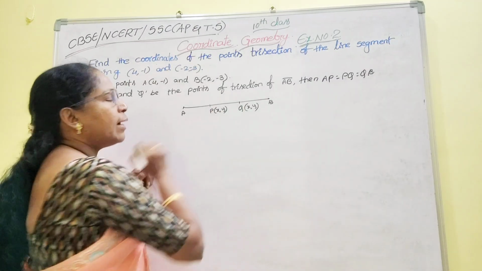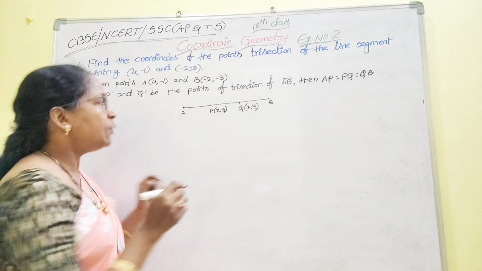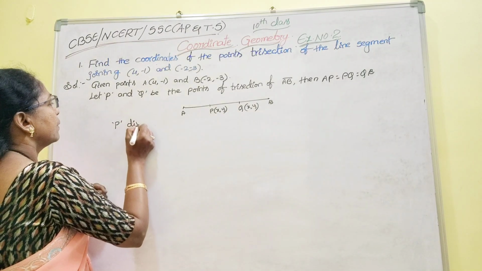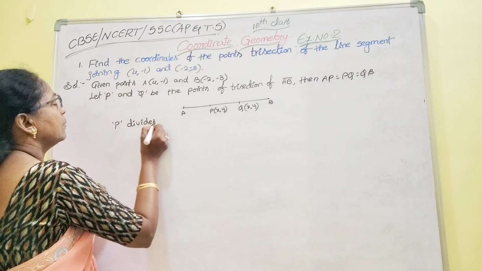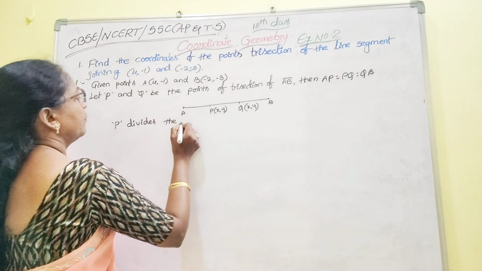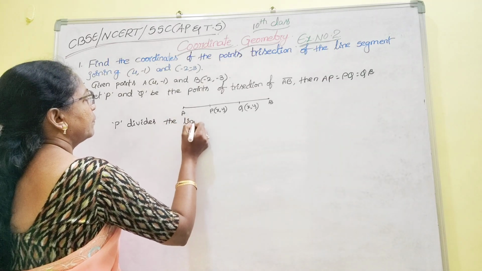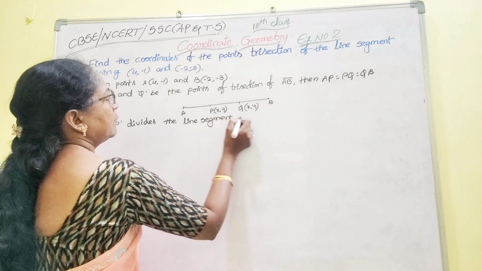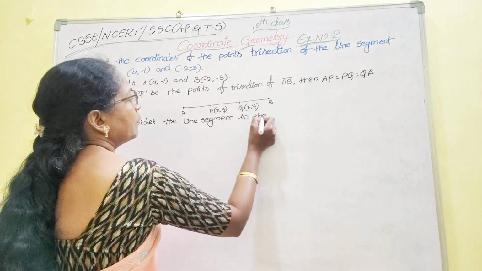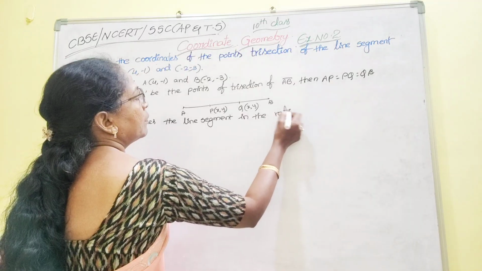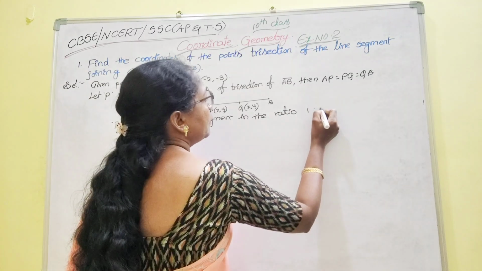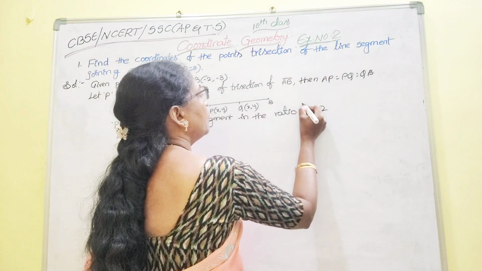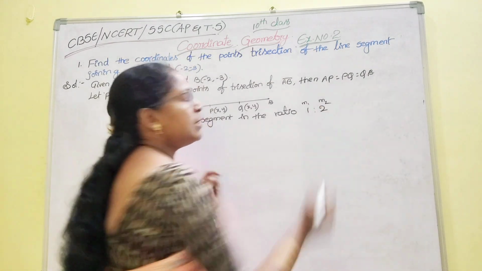That means P divides the line segment in the ratio 1:2. These 2 values are assumed as M1 and M2, so here it is M1:M2.